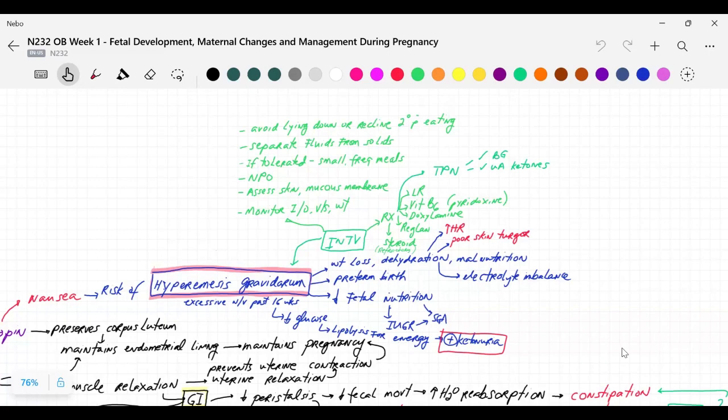Okay, and then here's another thing that happens to the mom, which might be a test question. Because they're not eating, they don't have carbs, right? What do we need carbs for? Energy, right? If we don't have carbs for energy, what do we burn for energy? Fat. When you burn fat, that's called lipolysis.